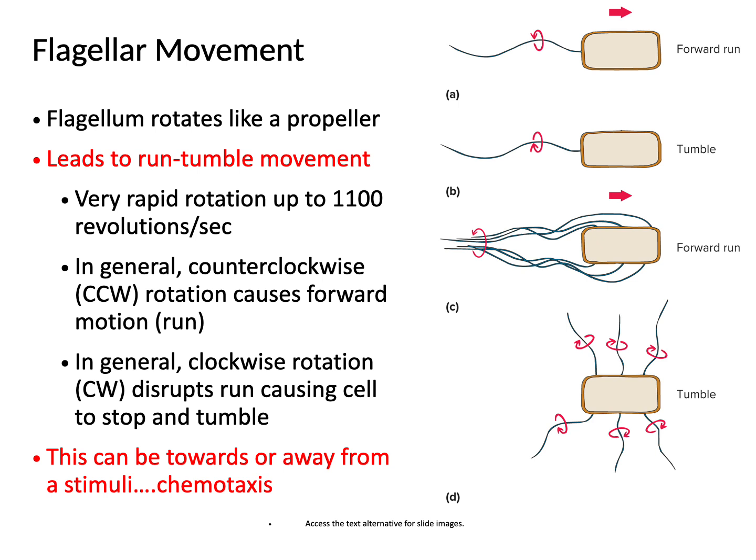If you were to watch this under the microscope in live imaging, you would notice the cell would have this very forward motion, and then all of a sudden it would tumble around. It would have a forward motion and then tumble around. So again, this is referred to as this tumble, run, tumble movement.